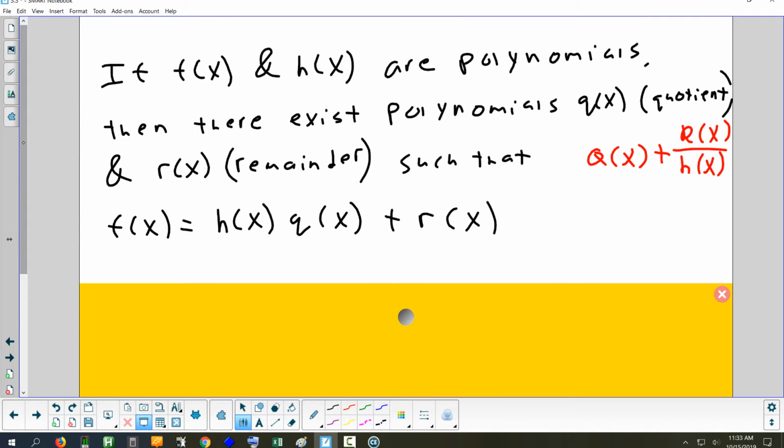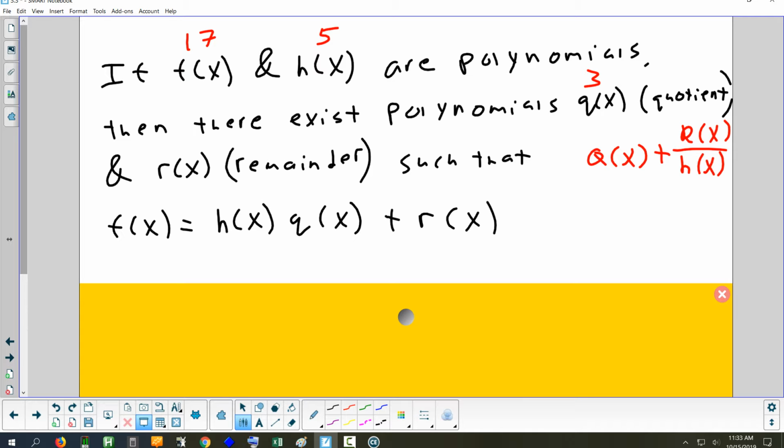Let's look at it with numbers. Let's say we took 17 and we divided by 5. Let's figure out the quotient and remainder and then see if this all actually works. What's the quotient when you divide 17 by 5? Anyone? 3. 3, thank you.